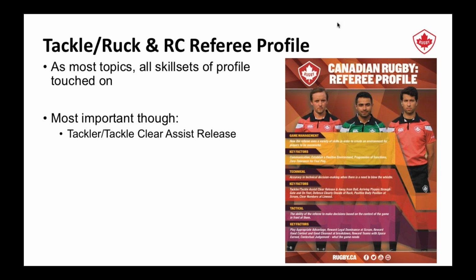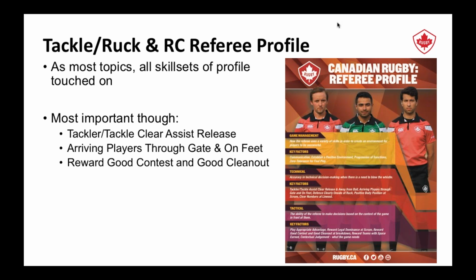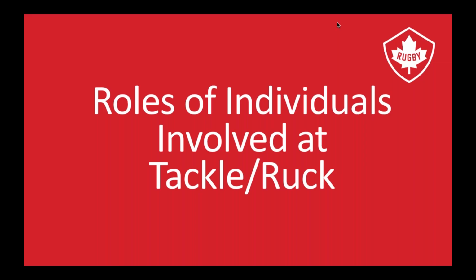I just reversed those words, so just notice that: it's tackle assist. Also that our arriving players are arriving through the gate and on their feet. We're looking to reward good contest and good clean out, which is in our tactical area, as well as identifying what the game needs, so using our contextual judgment. And then finally, in our game management key factor, zero tolerance for foul play. We'll get into some of that a little bit later.